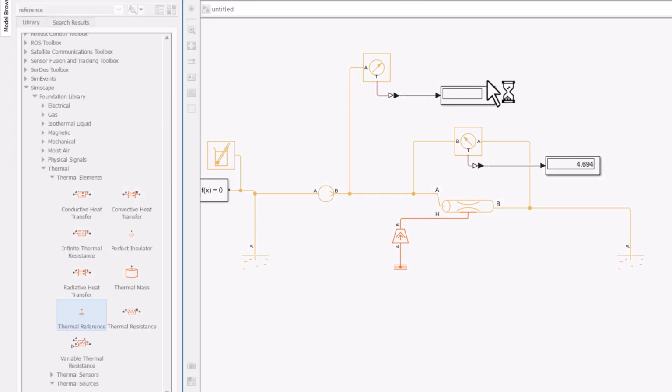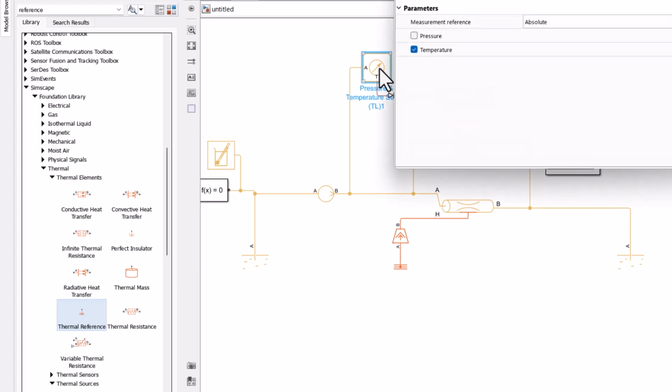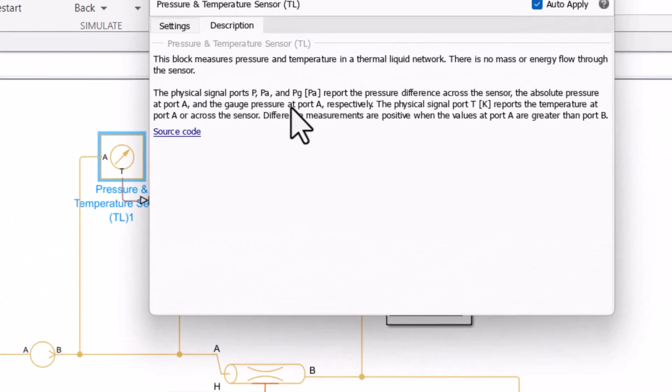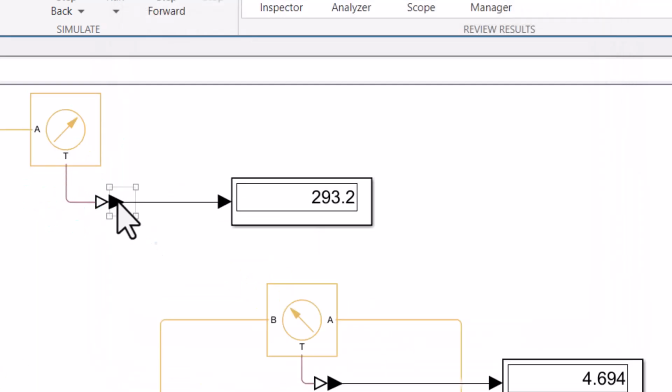And I run the model, and you see that this is basically the result I was expecting. But you can see that the description says the physical signal port T is in kelvins. What if I want to see the result in Celsius?